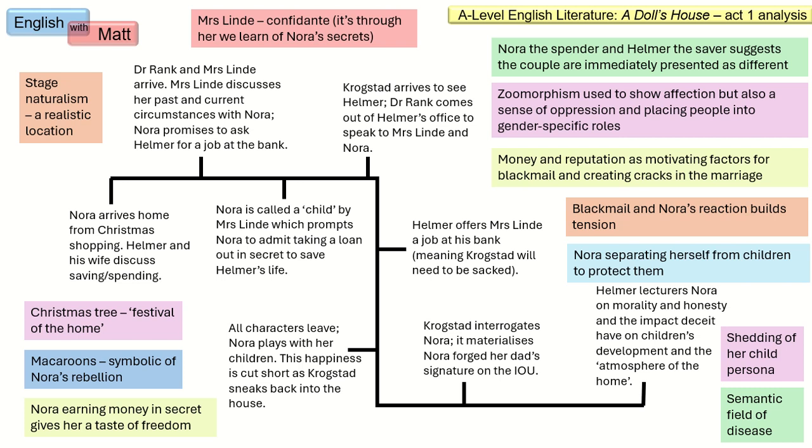And that also links, of course, to the end when she does speak in this very adult, mature way, having shed her childlike persona that she had at the beginning.